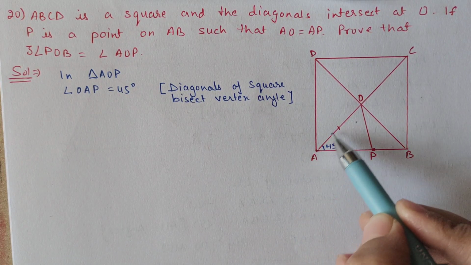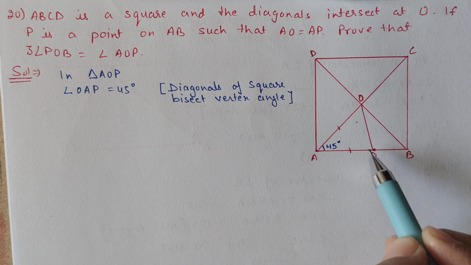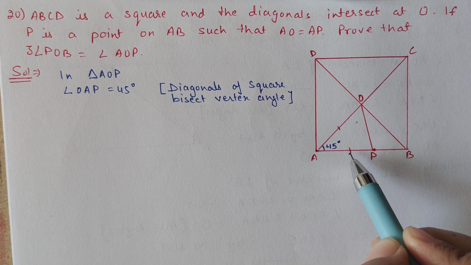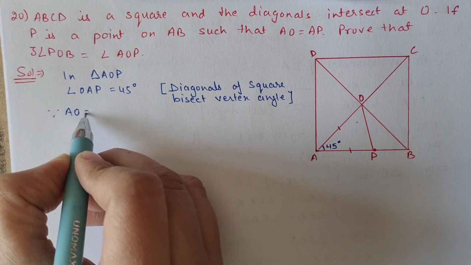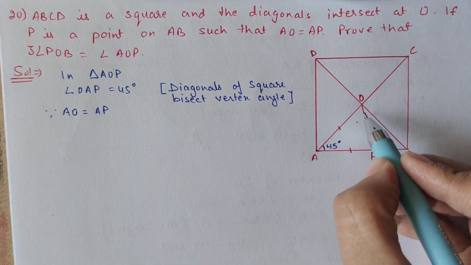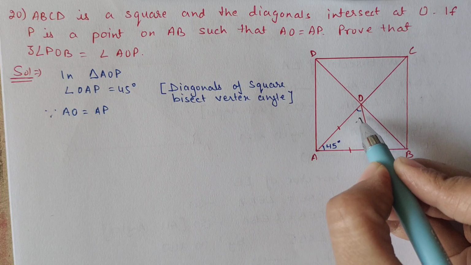Next they have given AO and AP are equal. These two sides are equal because AO is equal to AP. So we can say this angle and this angle will be equal.